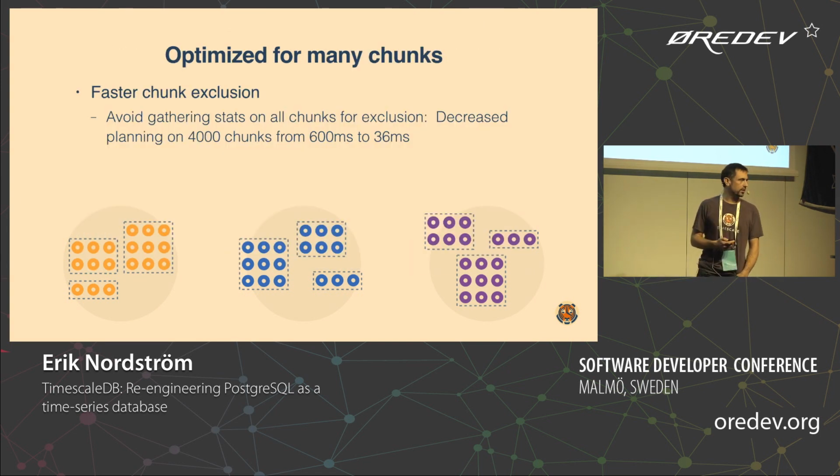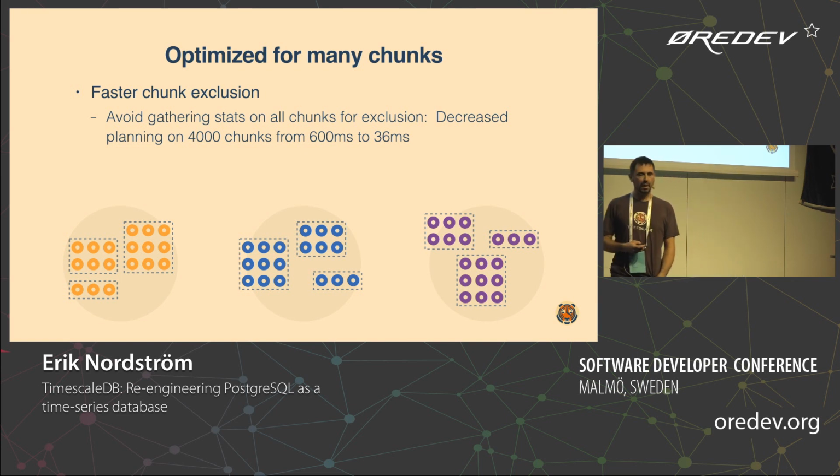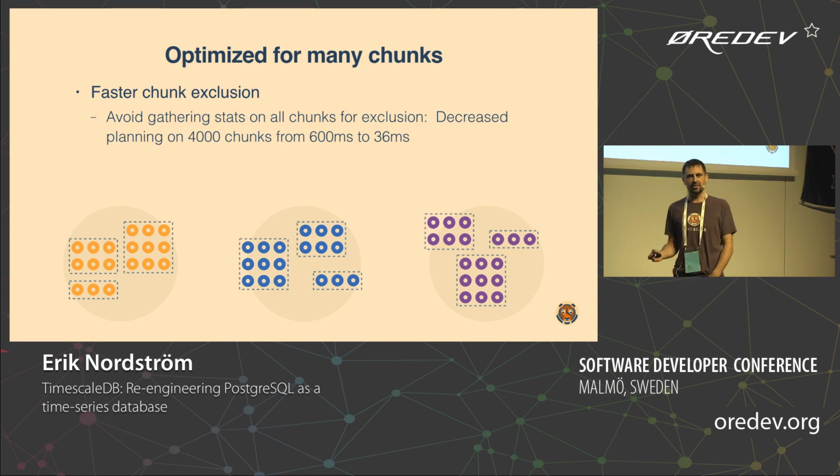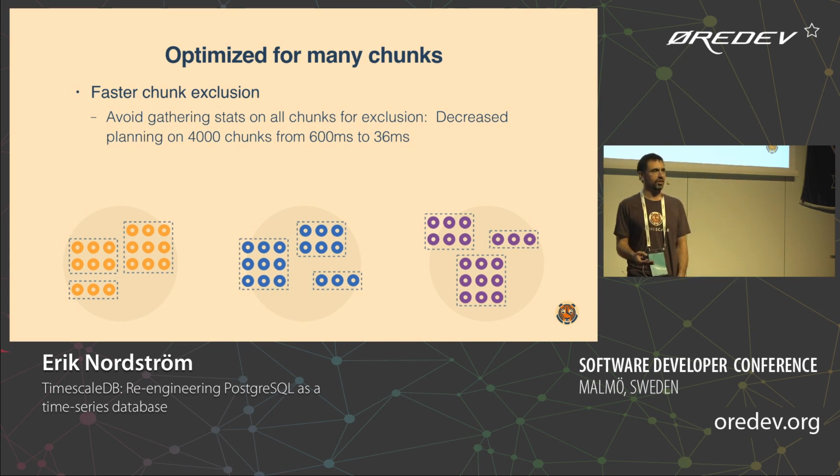We've also done another optimization for querying many chunks. As I said before, we're dealing with thousands of chunks in this type of workload. We found that a lot of time was spent in the planning stage trying to figure out which chunks to query. Again, Postgres isn't really optimized for this case because it was opening all the subtables just to get some statistics, and those statistics aren't really needed if you're just looking at one or two chunks.